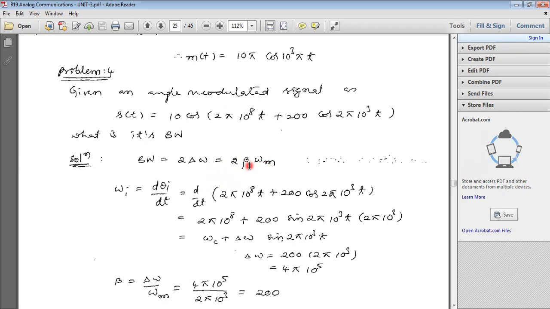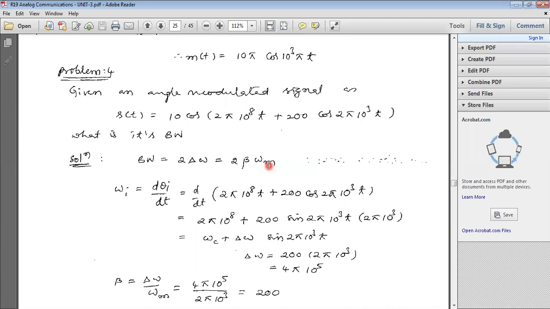Already you know modulation index is equal to frequency deviation by maximum frequency of message signal. So therefore beta equal to delta omega by omega m, and from that you write delta omega as beta into omega m. So that's why bandwidth in narrowband FM is considered as 2 into delta omega, or otherwise in terms of modulation index, it is considered as 2 into beta into omega m, since delta omega is equal to beta into omega m.